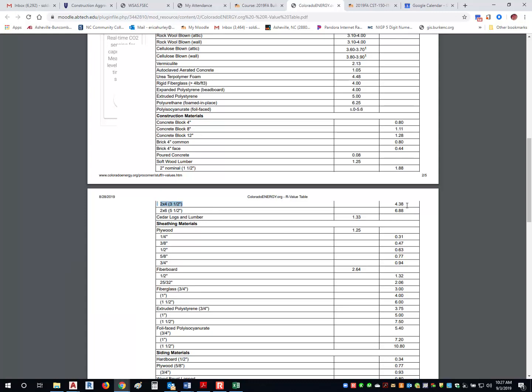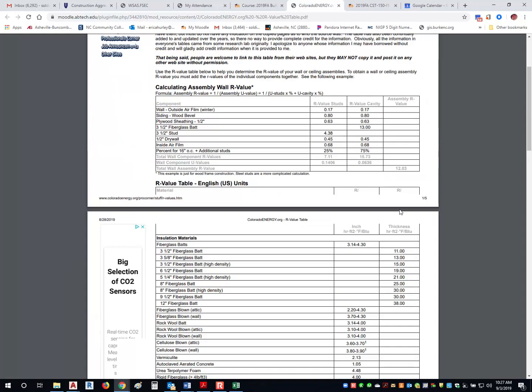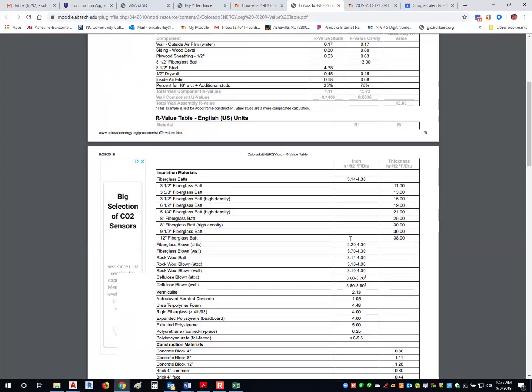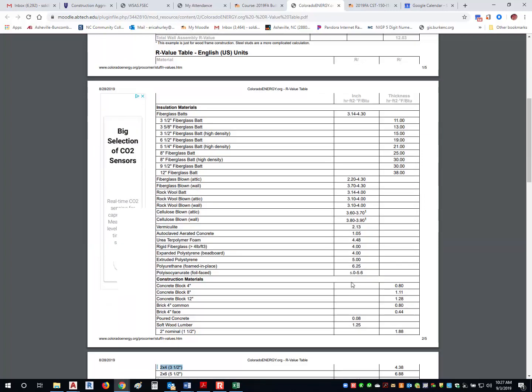So at 3.5 inches, and by the way, this first column is inches. These numbers here represent the R value per inch. These numbers over here are the R value for whatever thickness it says over here. So we have all this batt insulation, and it's giving us a specific thickness.